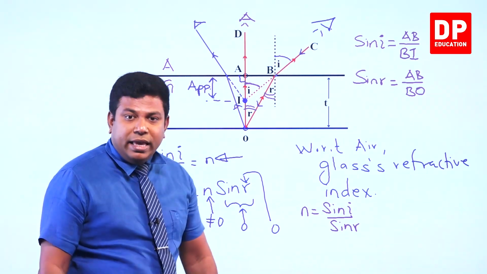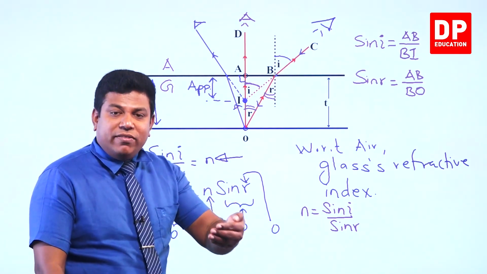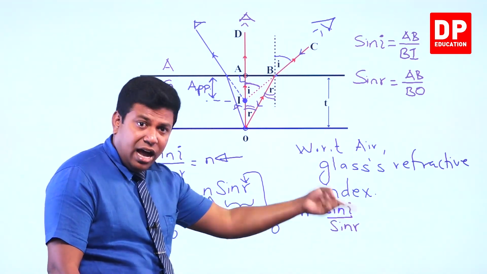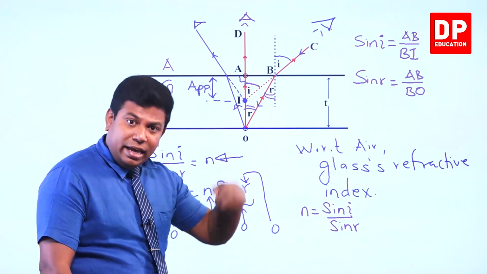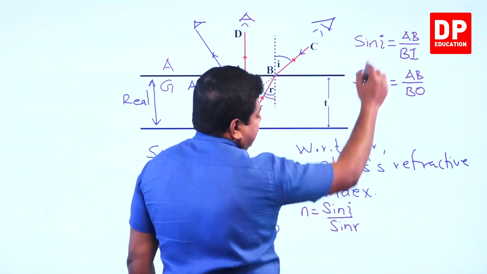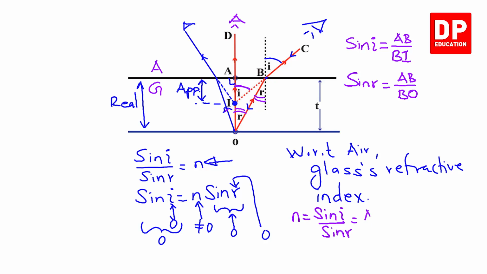If you are writing glass's refractive index with respect to air, I has to be in air and R has to be in glass. That's why I is here, R is here. Correct. Sin I is AB divided by BI.